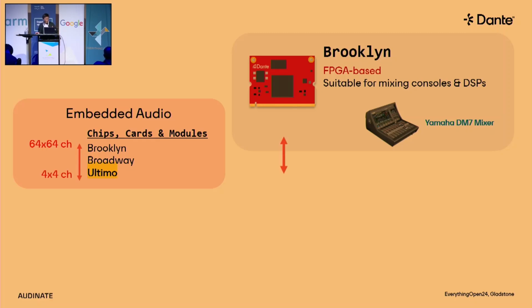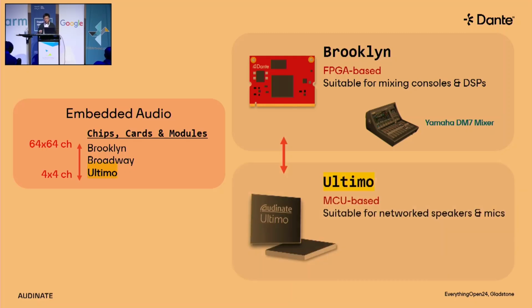Going down the stack to the far end, we have the lower cost solution, which is today's main focus, Ultimo. Ultimo delivers up to 4 by 4 channels, which is 4 channels of transmitting audio and 4 channels of receiving audio. This is a microcontroller-based solution where a little microcontroller delivers this channel count for audio routing.